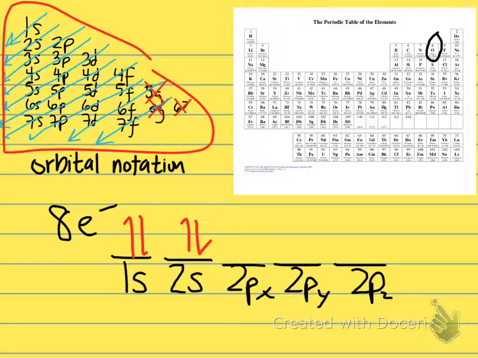I have 4 in. 4. Okay, somebody else said 3. So we have 4 electrons left to place. What does this look like? Let's do them one at a time. Where's the next electron go? 2px. 1. Next. 2py. Next. Now what do? 2px is going to get a roommate.